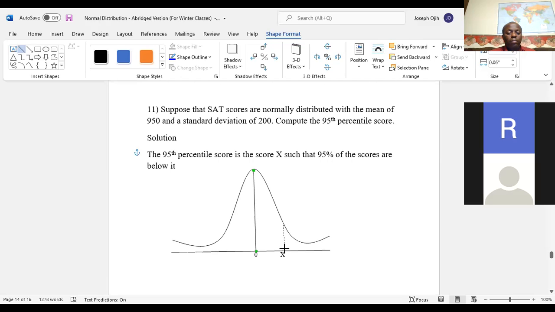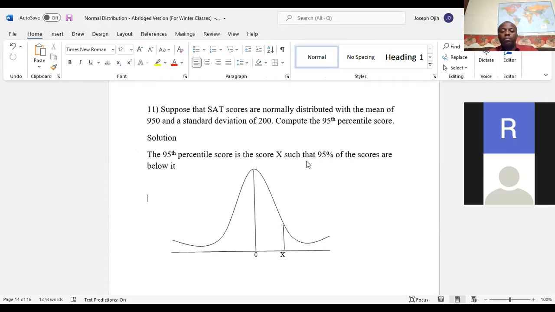So that 5% is the top 5%, basically what it means. I have it as top 5%. So 5% of the scores will be above this, and 95% of the scores below.